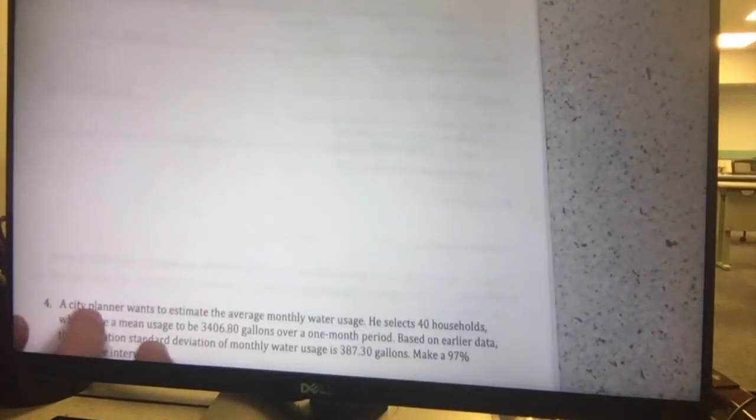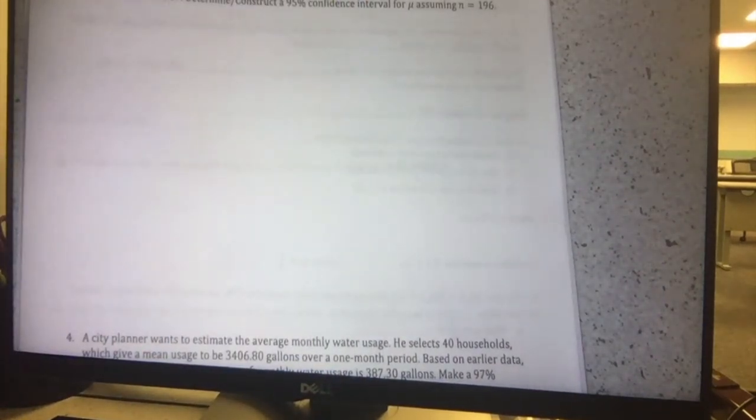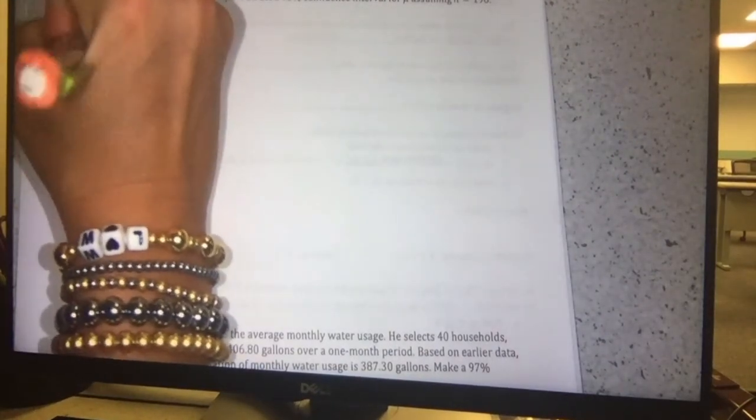Page 5, number 3. A standard deviation for a population, our sigma value, is 7.42. A random sample from this population gave a mean equal to 48.37. Construct a 95% confidence interval for mu, assuming that n is 196. So let's write down everything they told us. Sigma is 7.42.